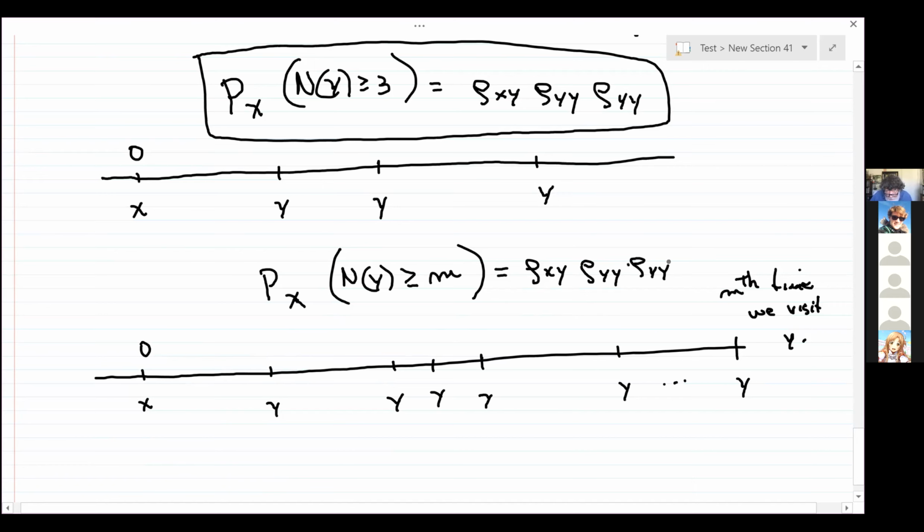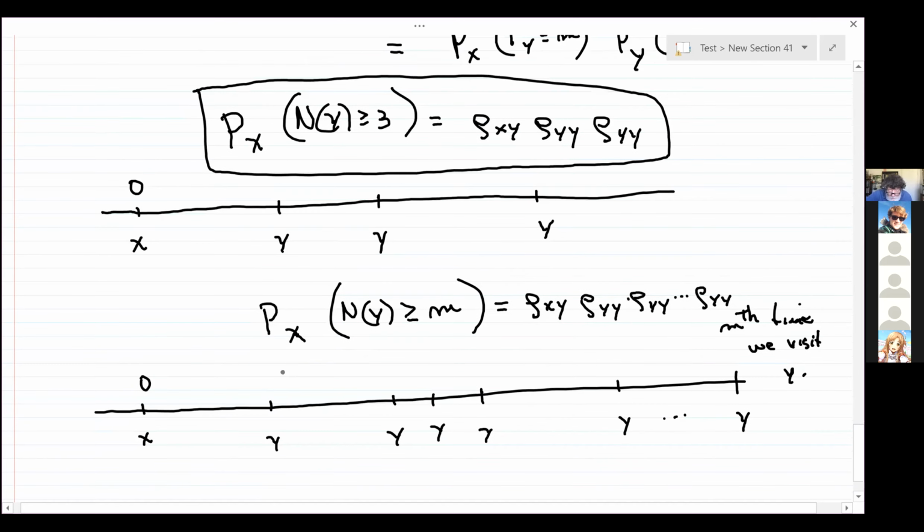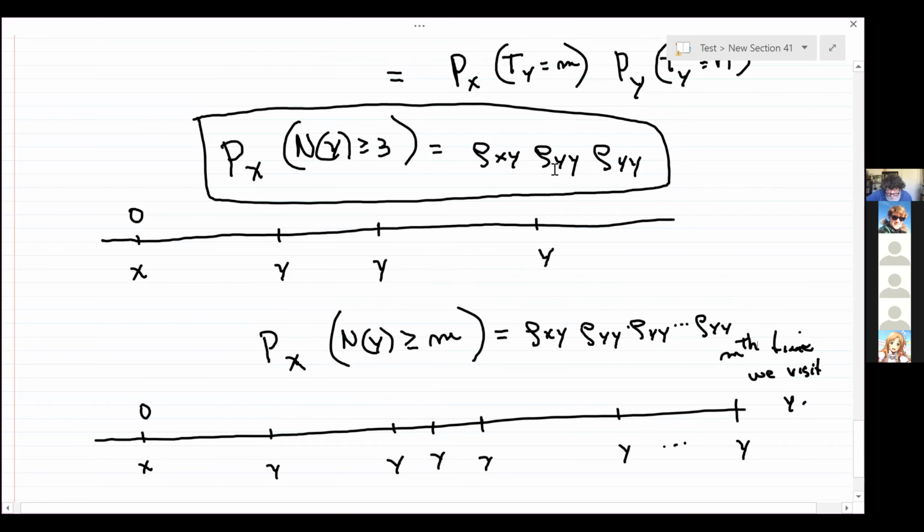And keep going. How many little YYs do you have? Well, we already saw, if there were a visit of 3 times, then there were two of these factors. So if there's a visit of n time, there will be n minus 1 of these factors.